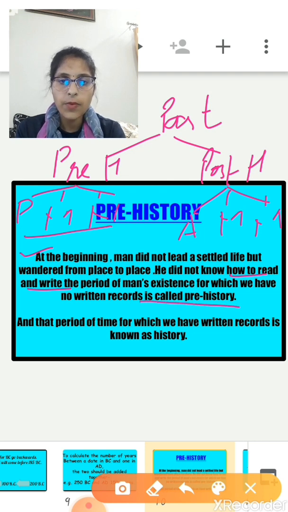Clear? That period of time for which we have written records is known as history. What is the difference between prehistory and history? Prehistory is when we do not have any written record, and history is when we have written records. Prehistory is the existing record and history is the record of events of the past.